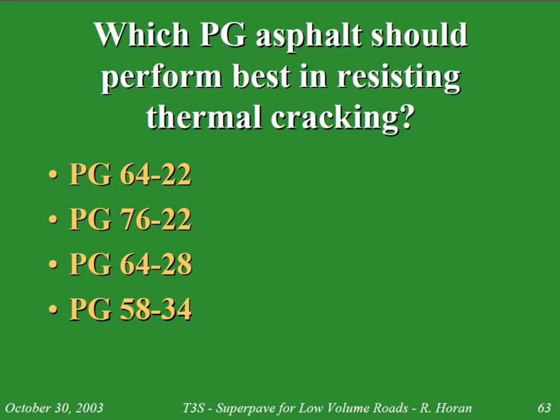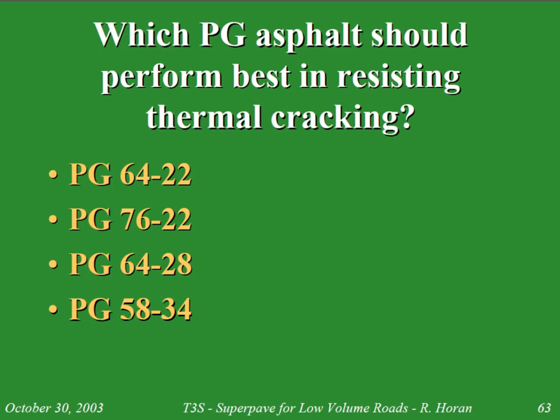All right. So if we look at this quick kind of test, so to say, which performance grade asphalt binder should perform best when we resist thermal cracking? Okay, so again, where does thermal cracking occur, or when does it occur? So remember the first conclusion that we said as part of the SuperPave program was that at low temperatures, asphalt will start to shrink and it will become brittle and crack.